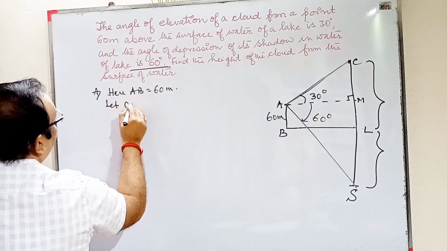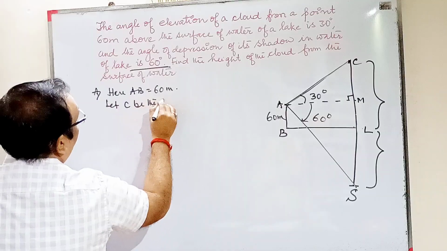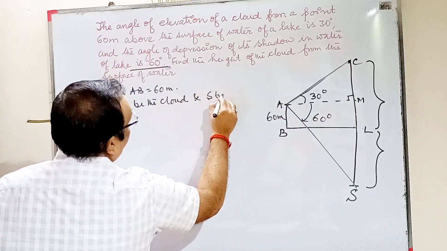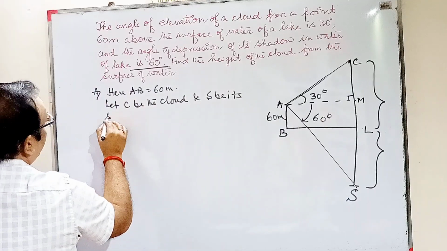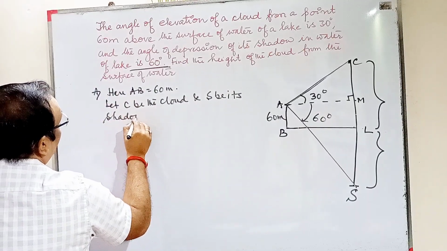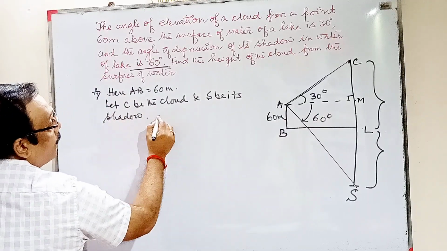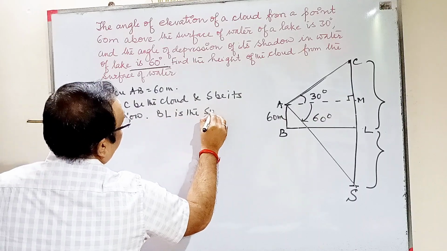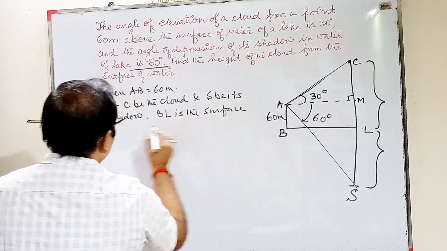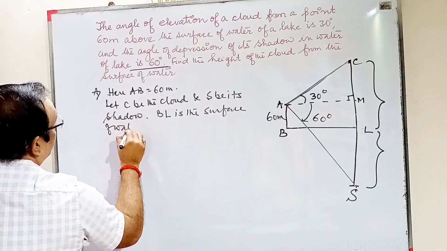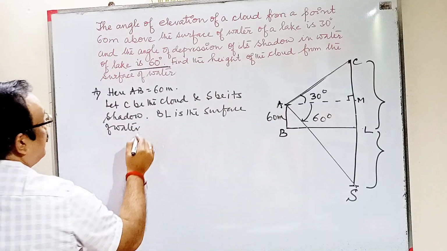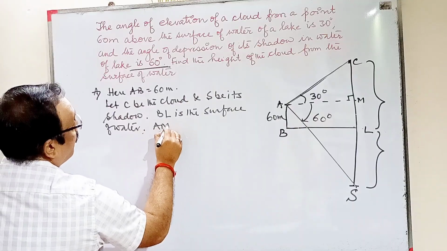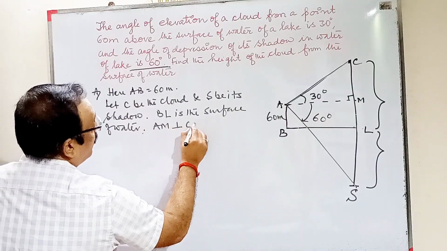Let C be the cloud and S be its shadow. BL is the surface of water. AM is perpendicular to CL.